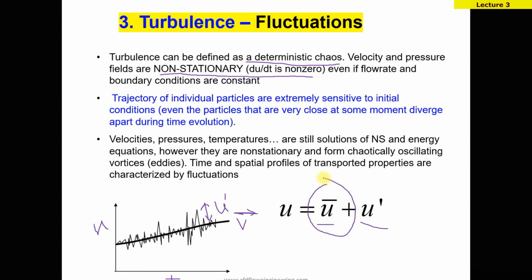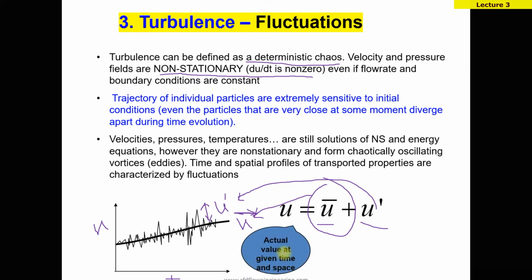The average quantity is obtained from this, and the fluctuating quantity is the fluctuation above and below the average value. Any instantaneous quantity is equal to the sum of the mean or average value and a fluctuating value.